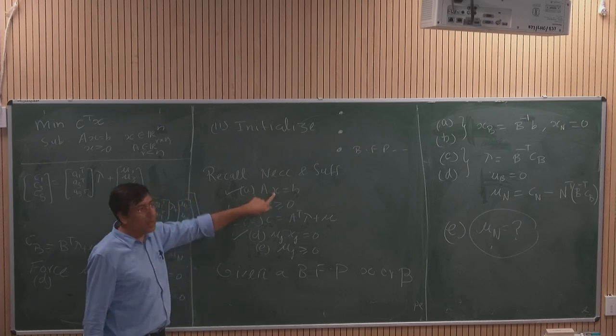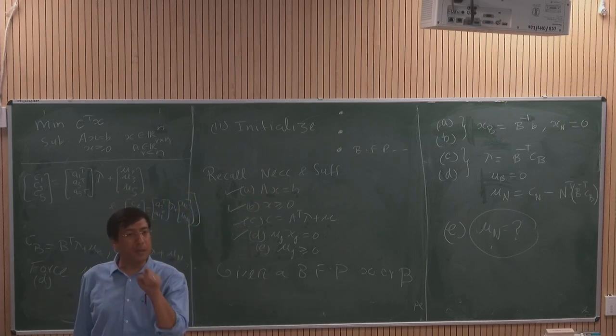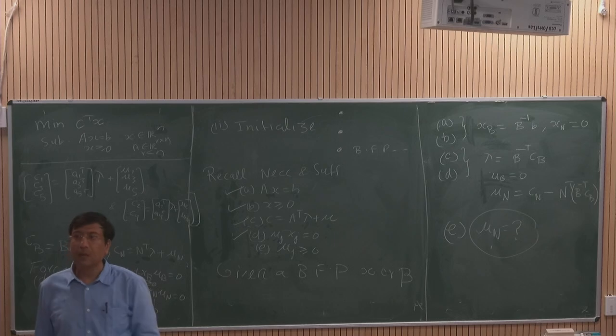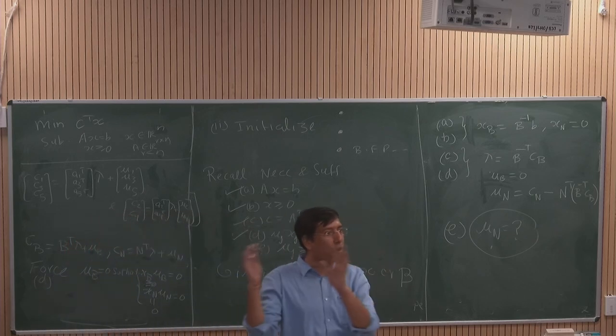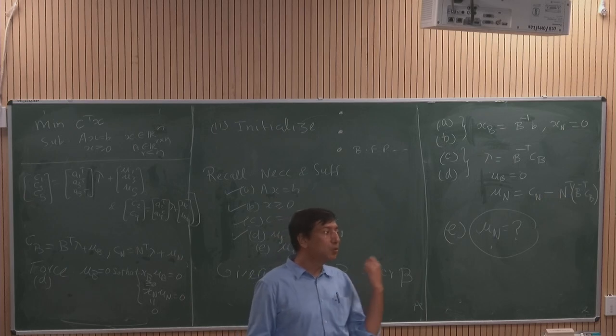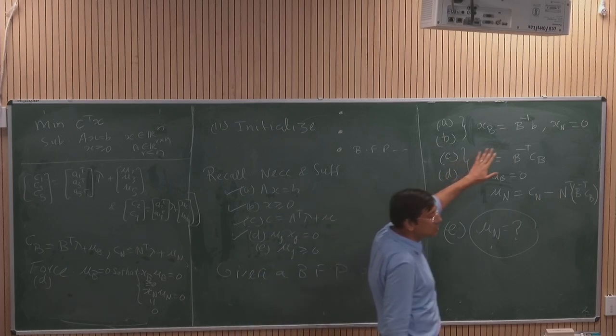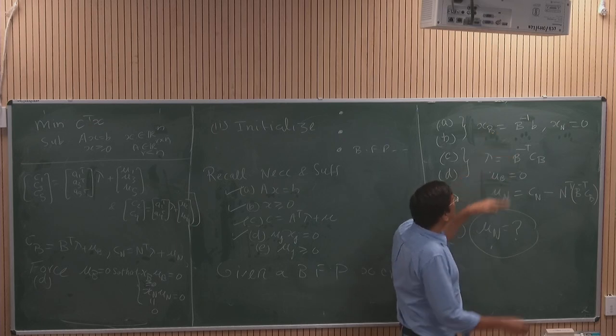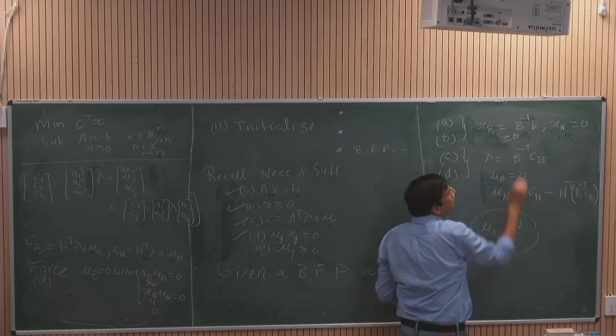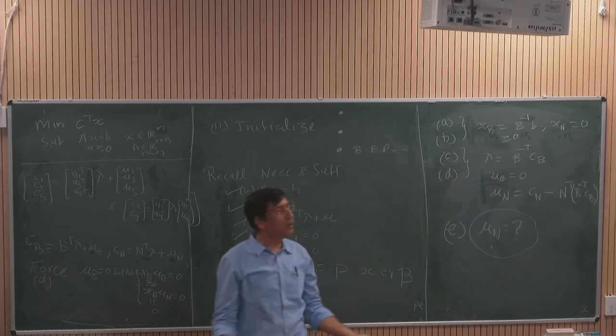We wrote it as B xB plus N xN equal to b. xN is known to be 0 because it is a basic feasible point. The complement contains active constraints. So xB came out to be B inverse times b. Correct? Then is this greater than or equal to 0? Yes, because we know that it's a feasible point, so it is given to me.